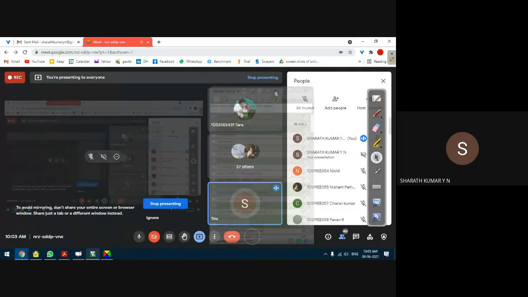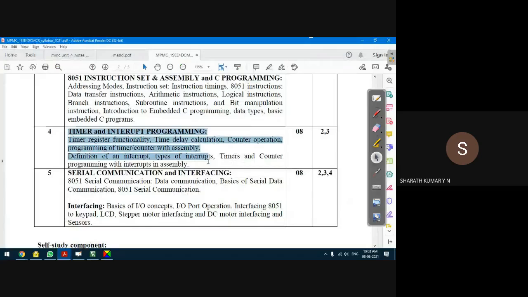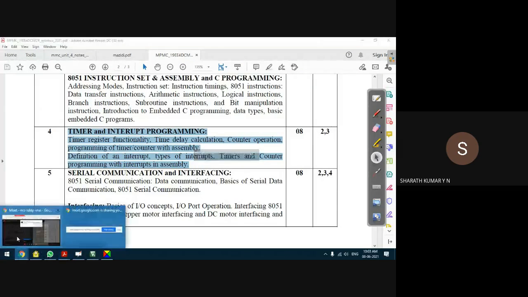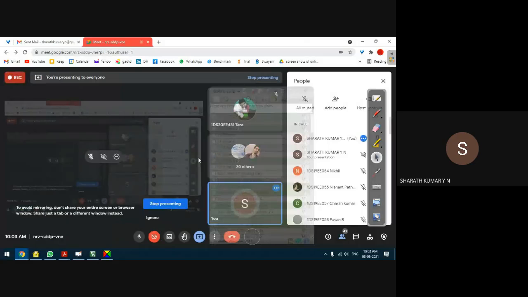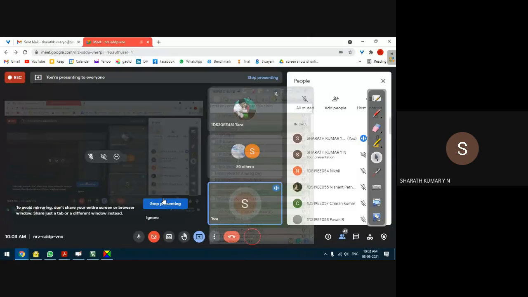We'll continue from the 8051 part, that is the timer and interrupt program. Why are we concentrating on 8051? As I told, next semester we have a course based on microcontrollers, not on processors. That's why first we'll discuss the 8051 in detail.